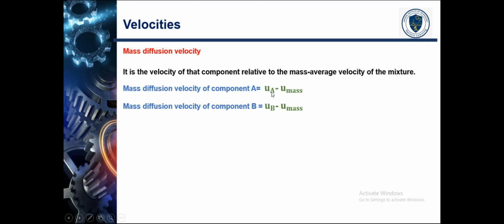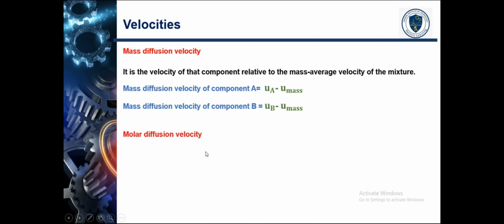So we know the velocity of the particular species A, minus the mass average velocity gives the mass diffusion velocity. In the same way, the mass diffusion velocity for component B is given by the velocity of the component B minus the mass average velocity. So with the help of these formulas, we can calculate mass diffusion velocity.